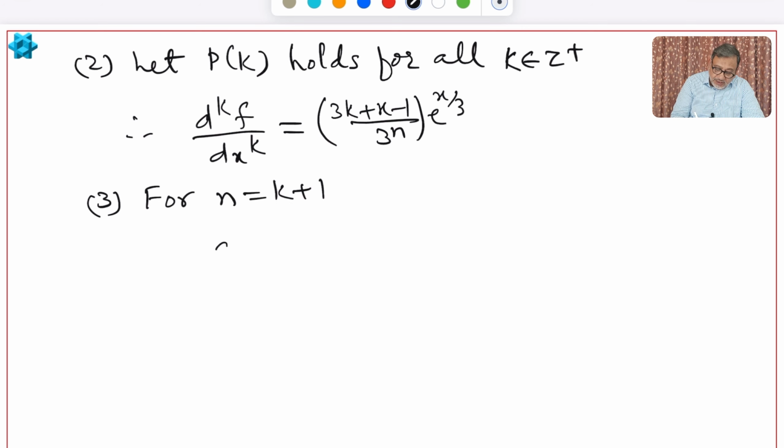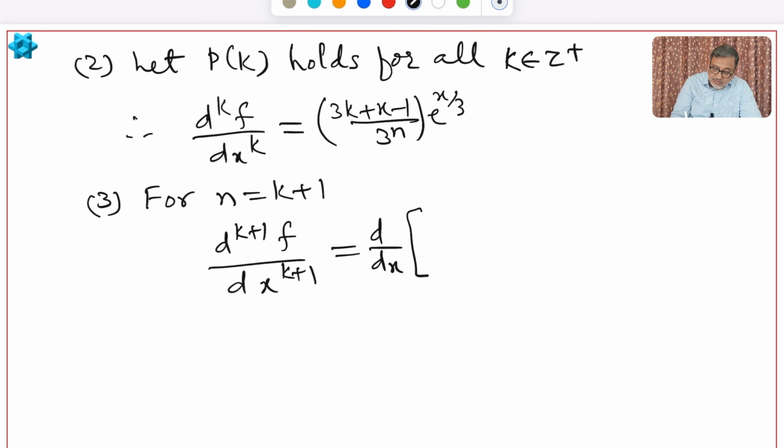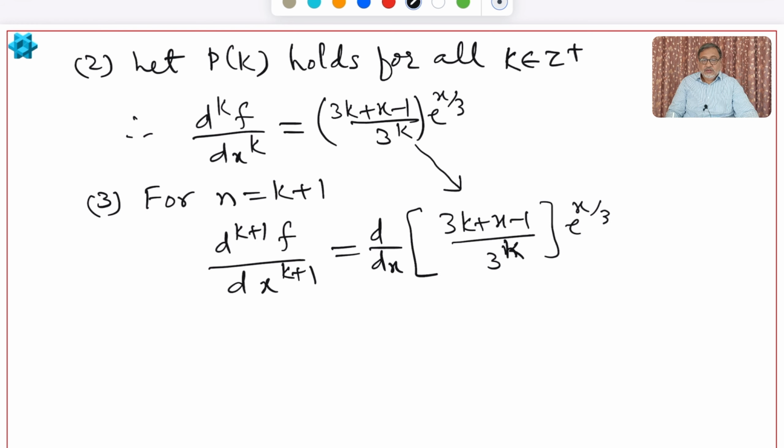Okay, d^(k plus 1) f by dx^(k plus 1) will be d by dx of d^k f, so d^k we already have here, so that we will write inside, times e raised to x by 3, right. So we want to find the derivative of the k-th derivative already.